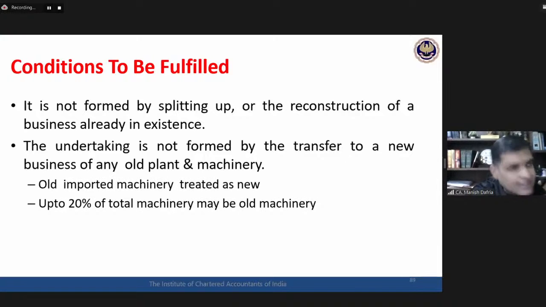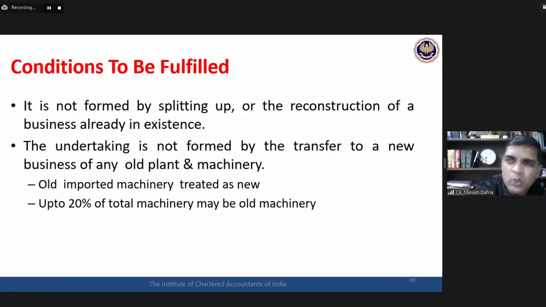Then the second relaxation they have given: if I say no old plant and machinery should be used, then sometimes that may create a problem. I might have, say, 50 crores worth of plant and machinery, and out of that, even if 5,000 rupees worth of plant is an old one, I may have a problem. So now law says that, okay, we are not that rigid, not that restrictive.